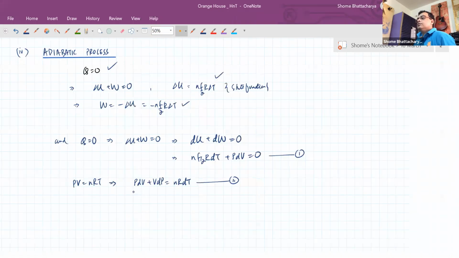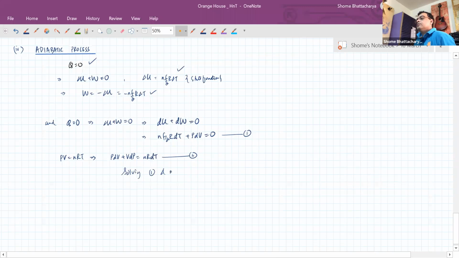So solving these two equations, you can see that we'll get this kind of relation.